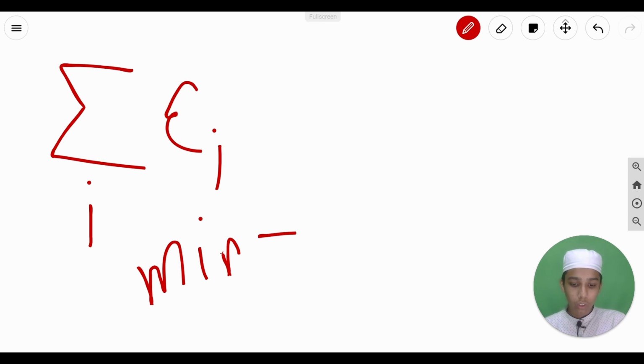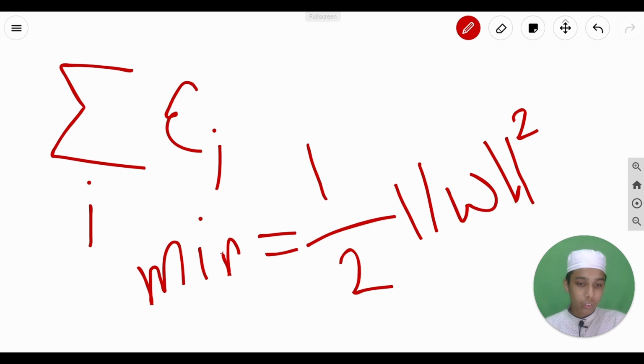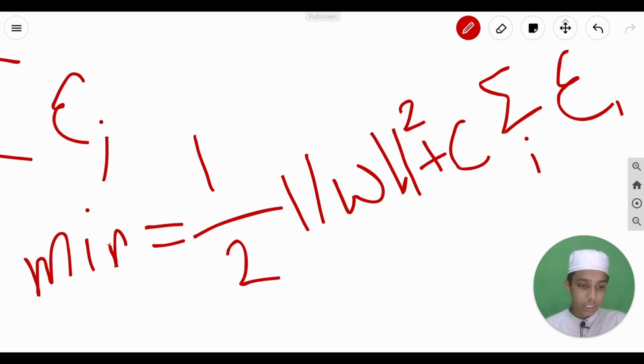Then it's going to be 1 by 2 of vector w squared, plus, and then let's give this C, times the sum over i of the slack sub i.